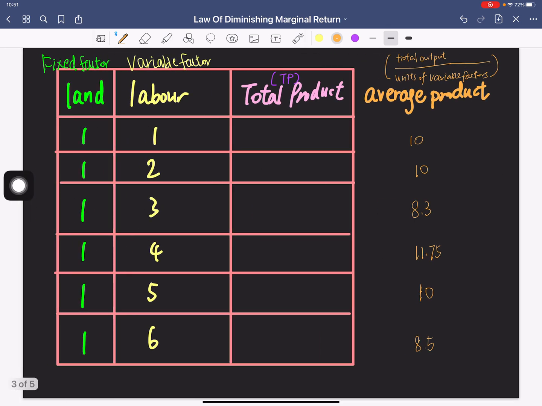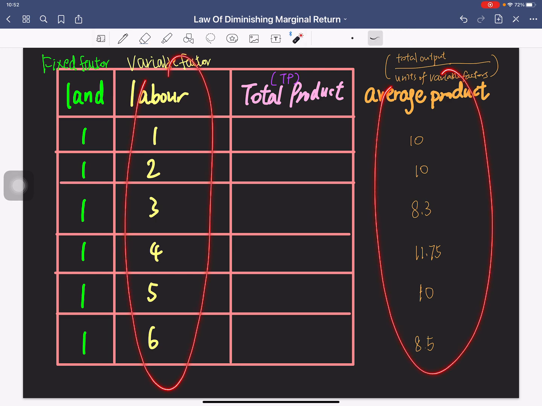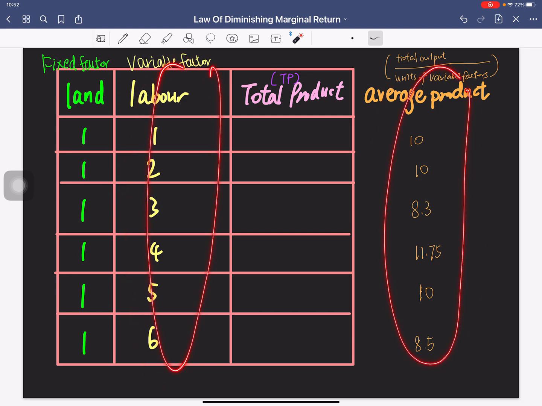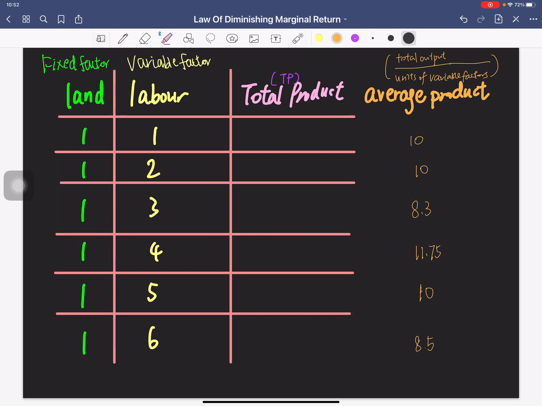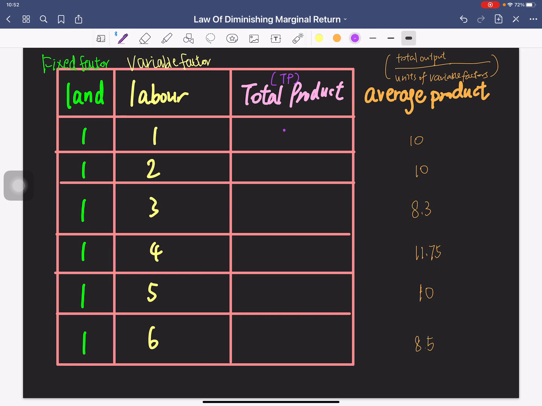So let's try it again. We have to use the variable factor times our average product, and we get back our total. So 1 times 10, we have 10. 2 times 10, we have 20. 3 times 8.3, we have 25.